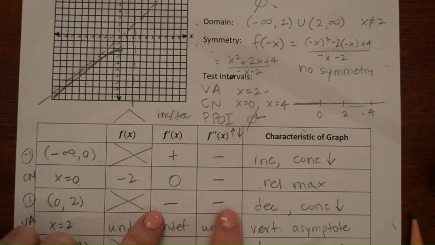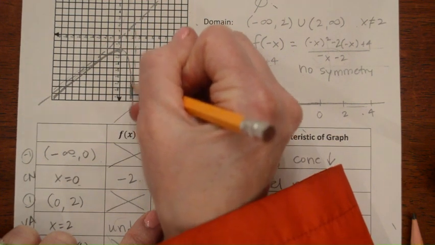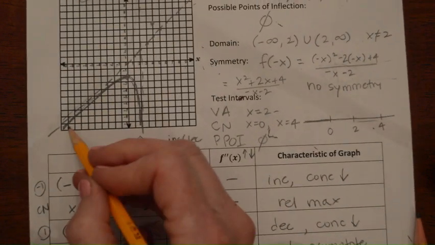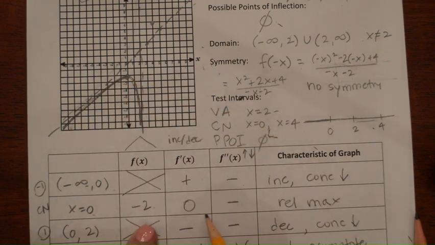All right, then it's decreasing and concave down. That's where it's going to do a turn like this and start hugging this vertical asymptote. Sorry, I don't know what I'm saying. Increasing, concave down. Again, so it's downward like this, and then it's going to switch to being decreasing concave down.